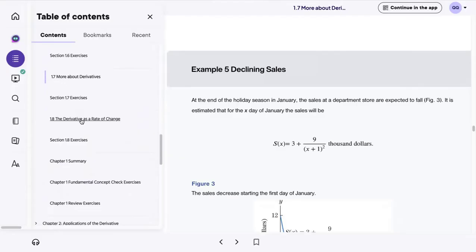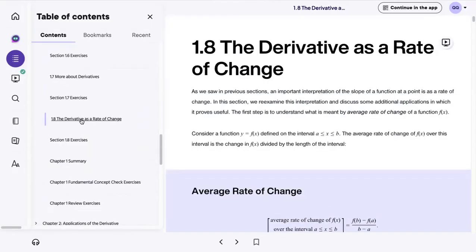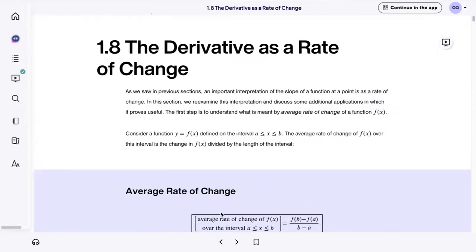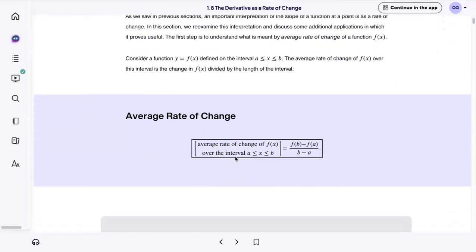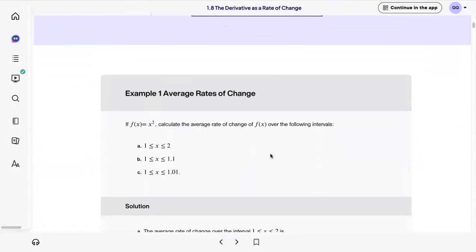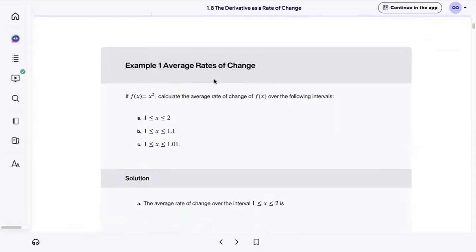Okay, let's see this. So what is this? f of b minus f of a divided by b minus a. Slope, right, of 2 points. One point is a, f of a; another point is b, f of b. So average rate of change.